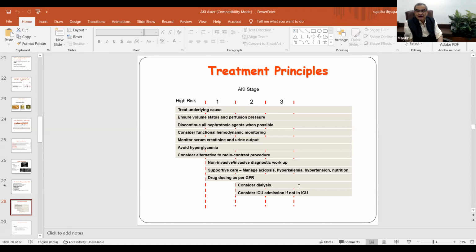Consider functional hemodynamic monitoring, so arterial lines and all that, and then monitor creatinines and output, avoid hyperglycemia, consider alternatives to radiocontrast, and at the appropriate time, you will have to think of giving renal replacement therapy. So consider dialysis, we'll talk about that. And of course, managing acidosis, hyperkalemia, hypertension, this is during all the stages.